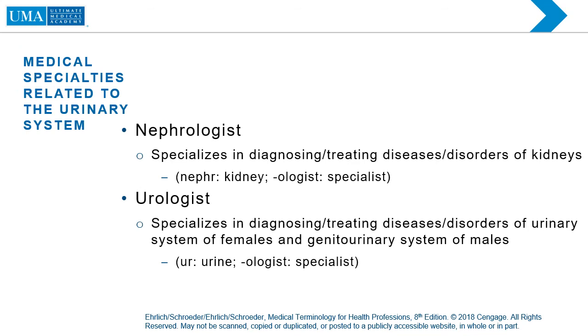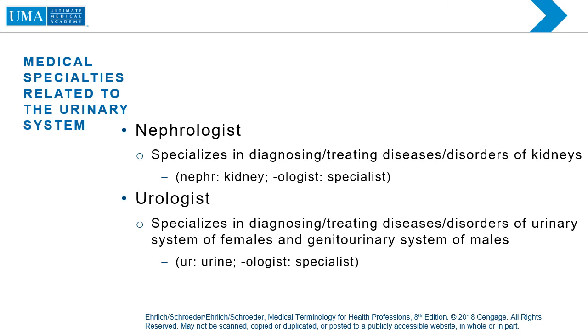As with other body systems, there are physicians who specialize in the treatment of disorders and diseases of that system. And the same is true here with our urinary system. We have a nephrologist, a physician who specializes in diagnosing and treating disorders as well as diseases of the kidneys. Note, nephro means kidney and ologist means specialist, so one who specializes in the study of the kidneys.